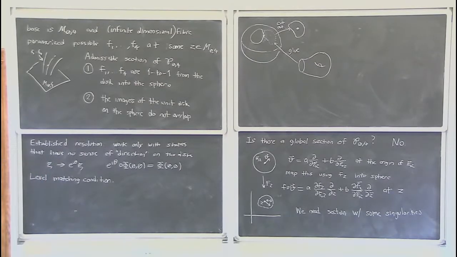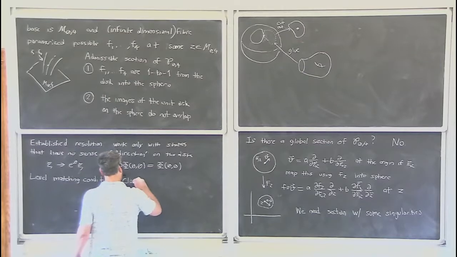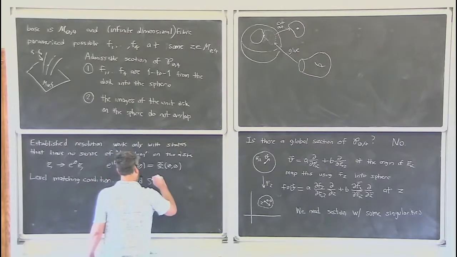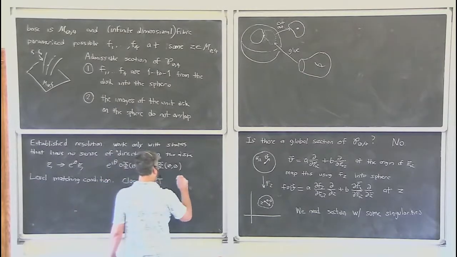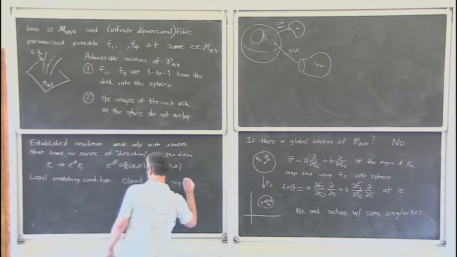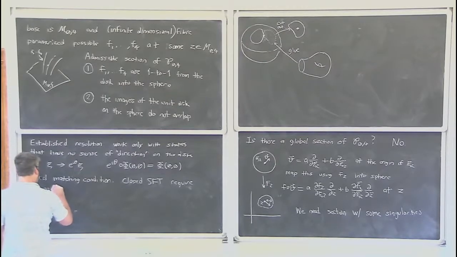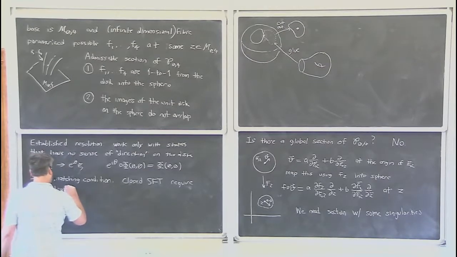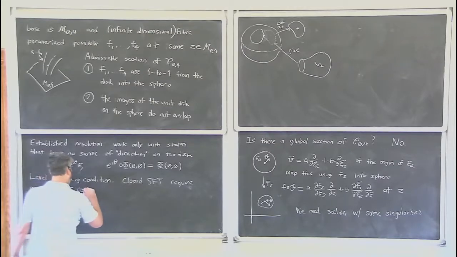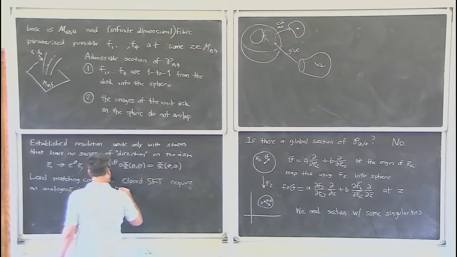So it turns out that in closed string field theory, we require an analogous condition involving the B ghost.